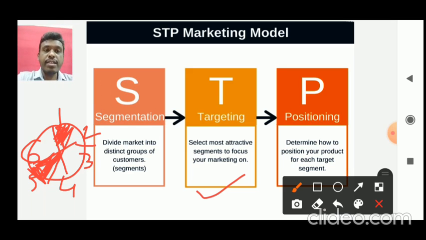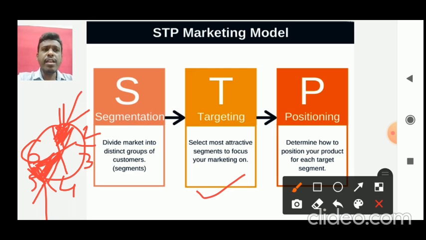Targeting is nothing but selecting the most attractive segment to focus your marketing on. So now you are focusing all your marketing activities on only 2 segments, not the entire market. So you know very clearly who your customer is, or who your prospects are to whom you are going to tell about your product, and based upon that you can develop a marketing strategy.